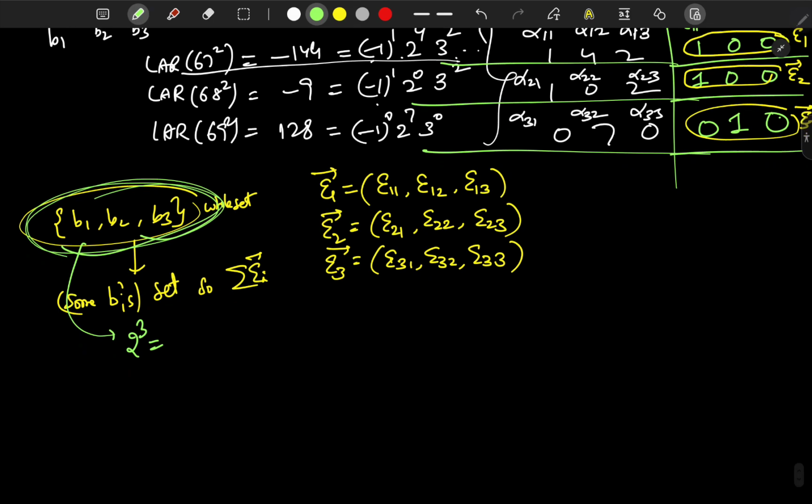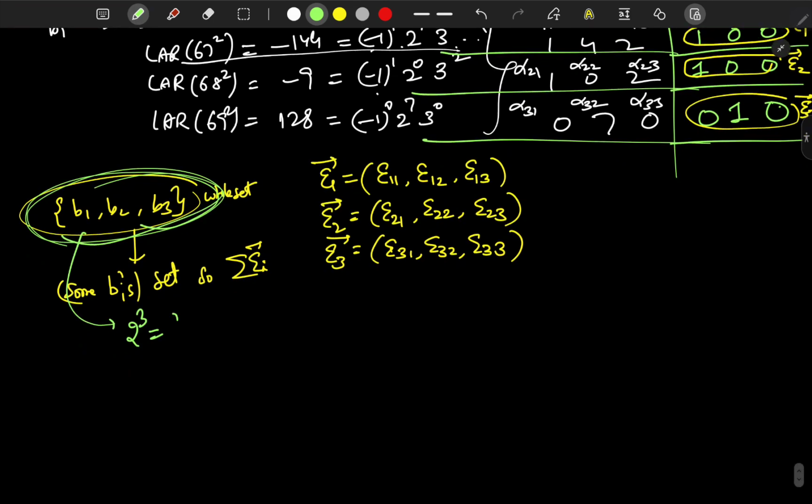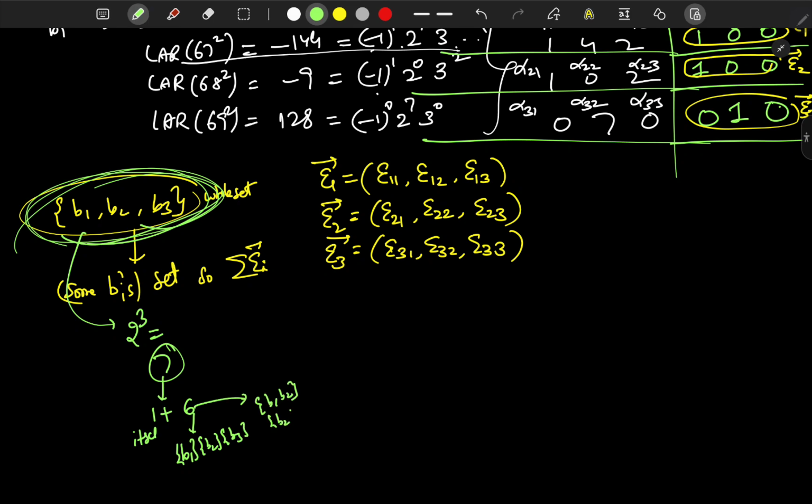We have to select something compulsorily, understood? So we have 7 sets. Out of 7 sets, 1 is the full set itself. The other 6 sets: 3 are singleton sets, b1, b2, b3, and the others are combinations: b1 b2, b2 b3, b3 b1.